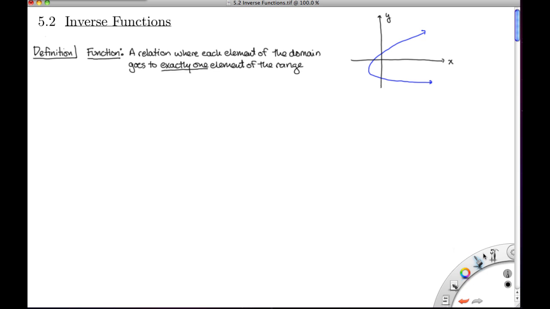Well, it turns out that this curve is not a function, and we can see that it violates the definition if we were to pick some point on the x-axis, let's say 3, and we were to look at where 3 falls on our curve. Well, if we go up to our curve, we see that when x is equal to 3, there are two different y values. So if we were to plug 3 into some formula for this function, it would be going to two different places or two different values on our range. So this would not be a function.